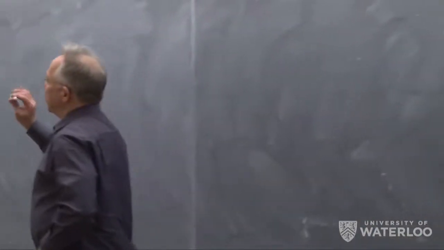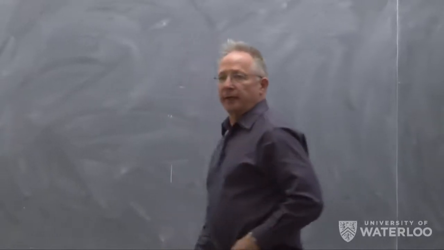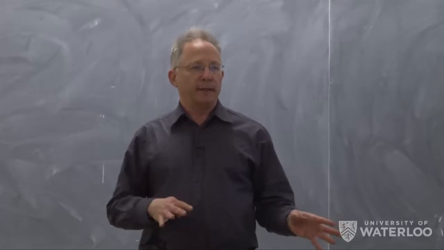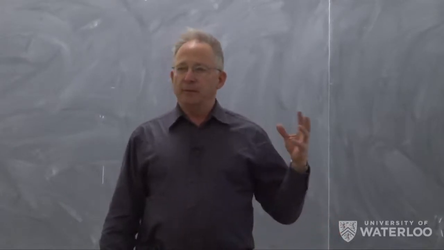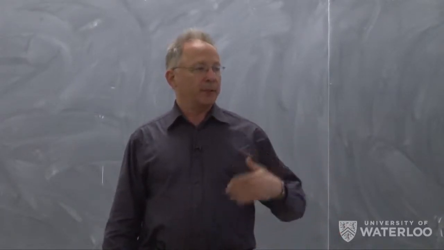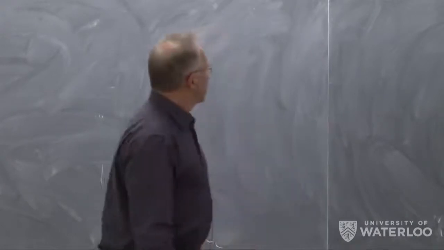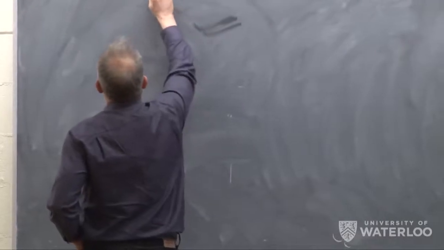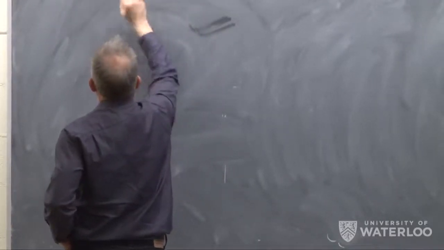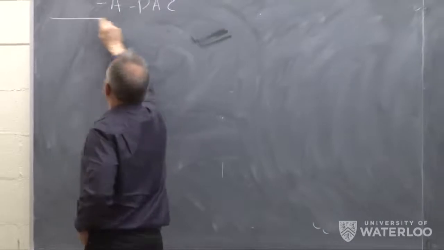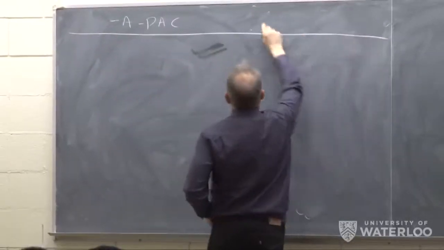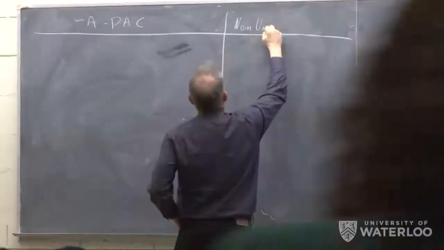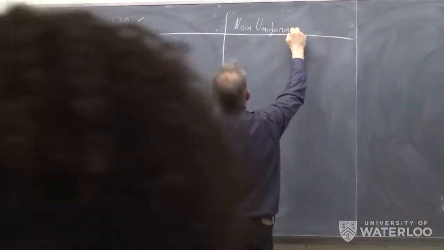Let me draw the correspondence between what we've already seen in the case of PAC learning, or agnostic PAC learning, and what we are doing now with respect to non-uniform learnability.